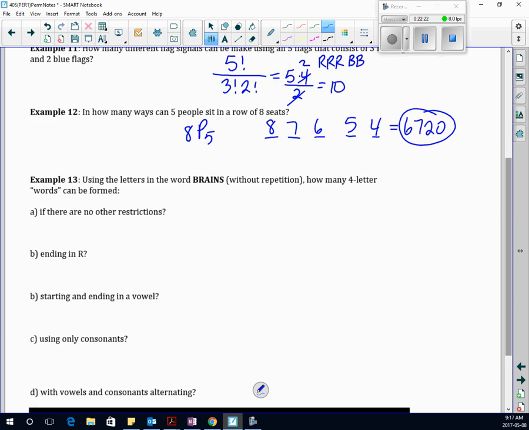Okay, using the letters in the word brains without repetition, that means you only have 1 letter of each. How many 4-letter words can be formed if there's no other restrictions? 4-letter words, and how many choices do we have? So does everybody see it would be just 6p4?